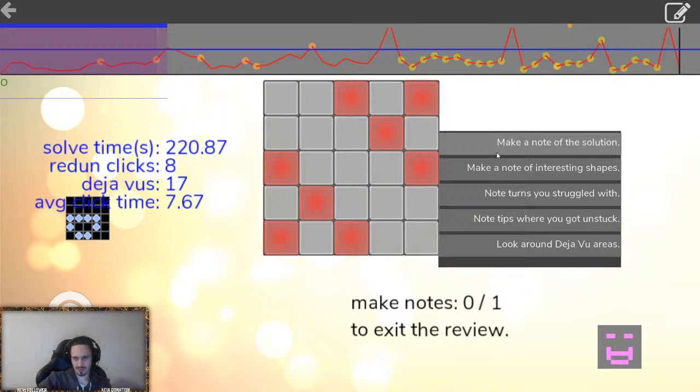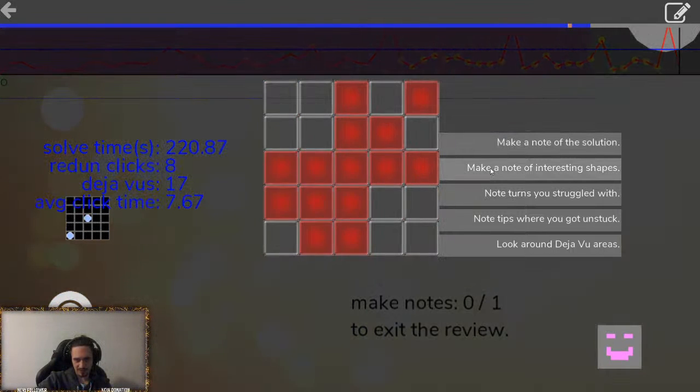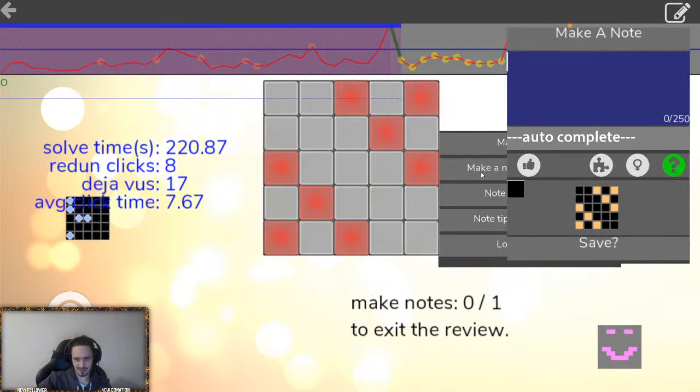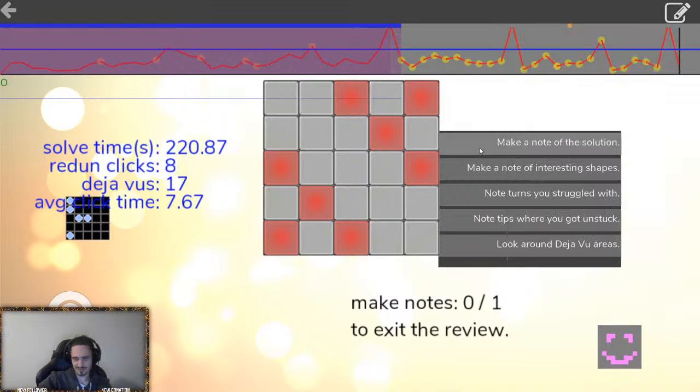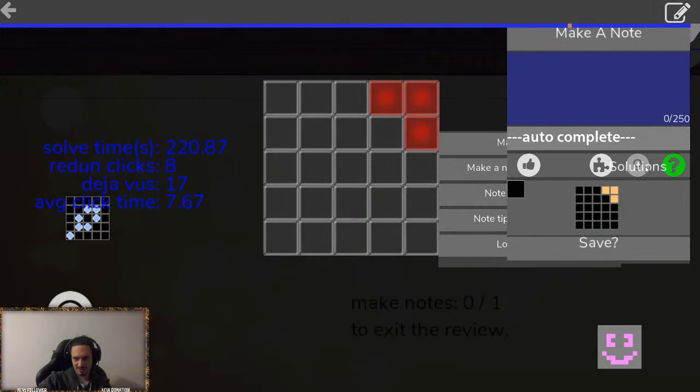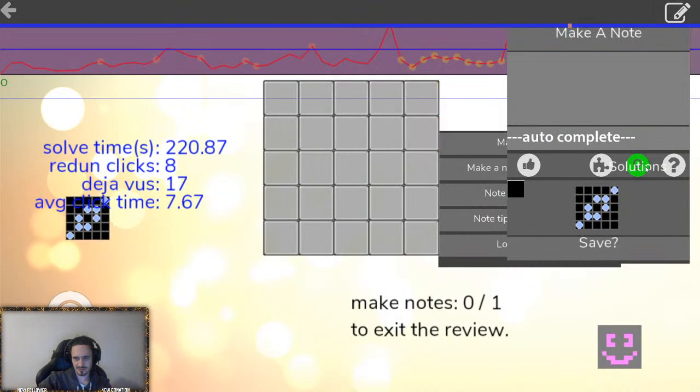Oh, make a note. Huh, okay. I make 1000 notes. Make one more. Click the solution button and click on the note in the top right. I decide what I can do with a note. If you click the solution button in the note drop down, when you're in the review stage, it'll zoom the whole thing to the end of the timeline and then have the solution right there for you to save.